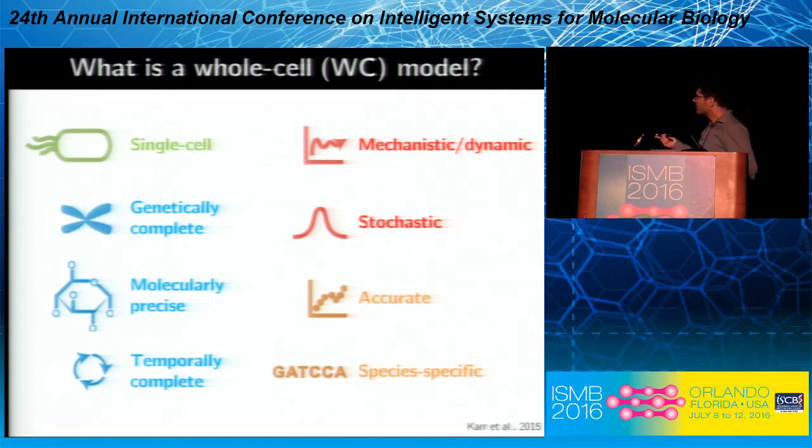So that leads us to develop models which are dynamic and stochastic. And the last couple of things about whole cell models is that we always try to build species-specific models. That ensures that when we build models and we use models to generate new hypotheses, that we can go into real biological systems and evaluate those hypotheses with real experiments.